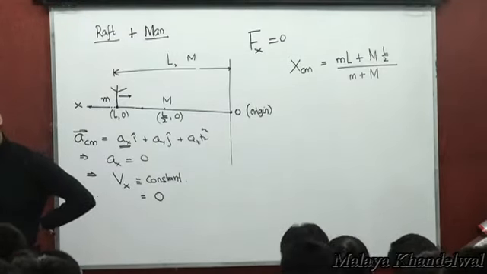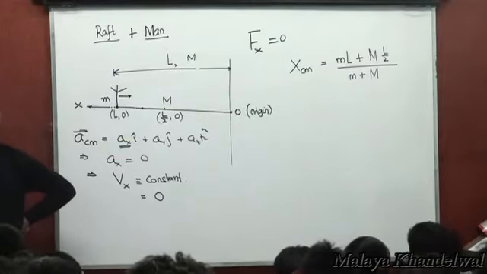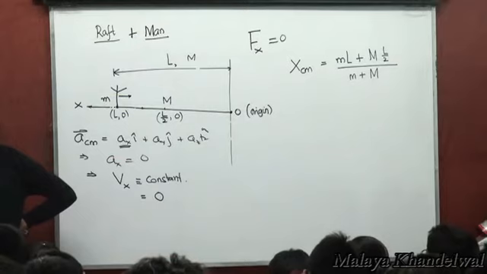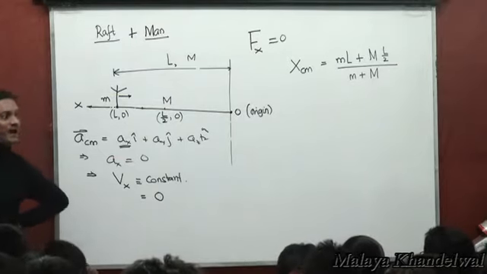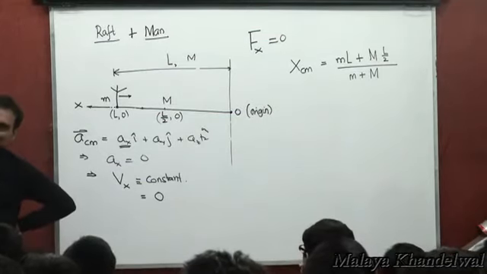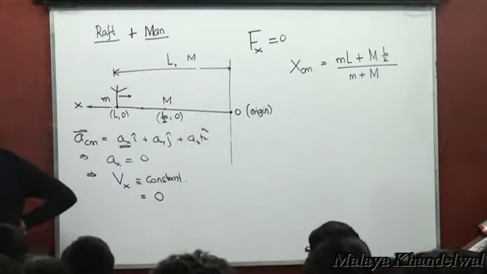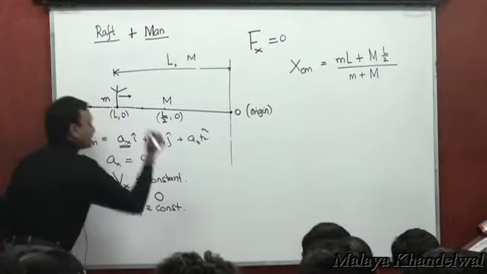Vx was 0 always, right? That means there was no displacement in the x direction of the center of mass of the system, and it implied that the x coordinate of the center of mass must have remained constant. This clearly meant that the xcm of the man plus raft must have remained constant.